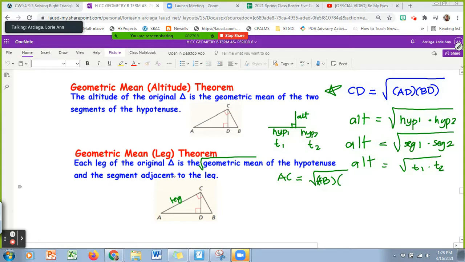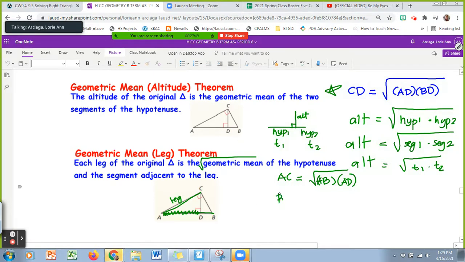the segment adjacent to the leg. So when we say segment adjacent to the leg, it's the portion of the hypotenuse that's next to the leg we're looking for. So what's the pattern? Leg is equal to the geometric mean of the hypotenuse and the segment adjacent to the leg.